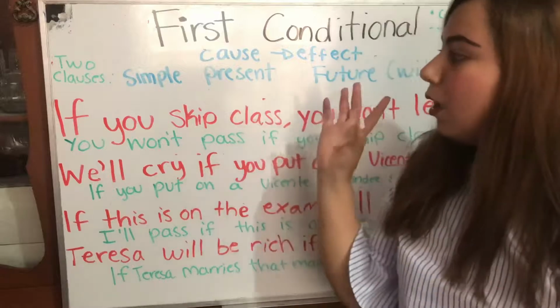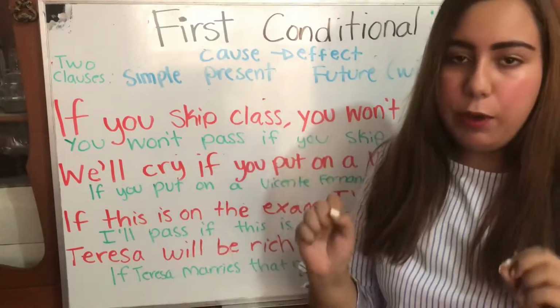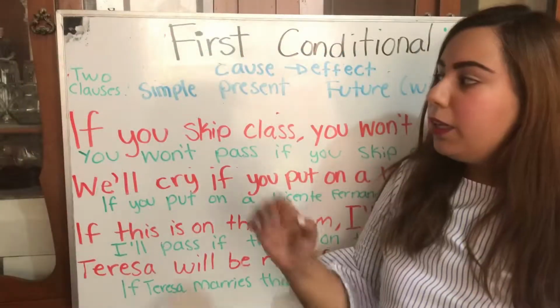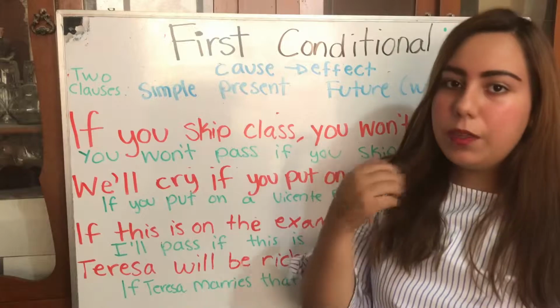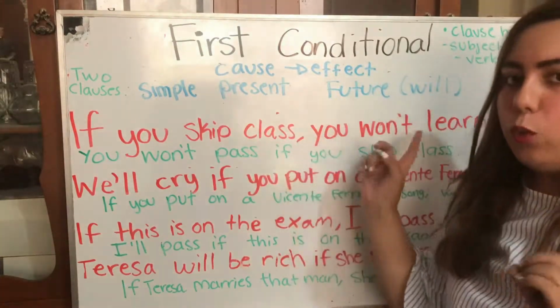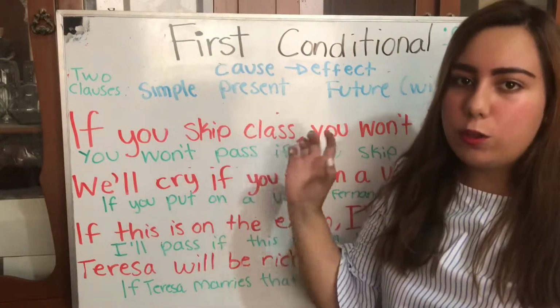But here, they won't both be in simple present. One will be in present and one will be in future. So here we will have two clauses and one will be in simple present and the other we will use future will, okay? So it's important, so you can understand this topic, that you know how to use will.